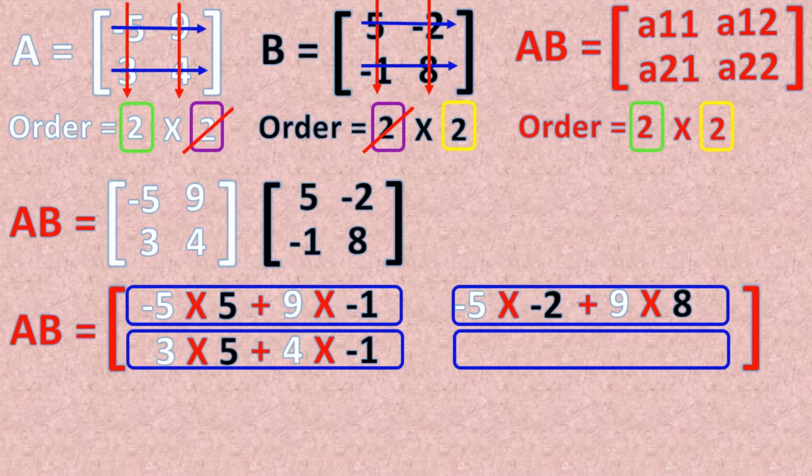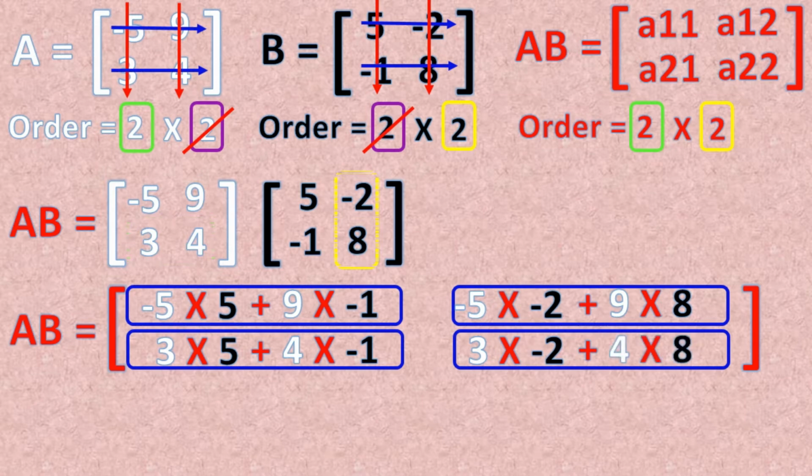Now the fourth element will be A22, second row, second column. Students, multiply them: first by first, 3 multiplied by -2, plus second by second, 4 into 8.